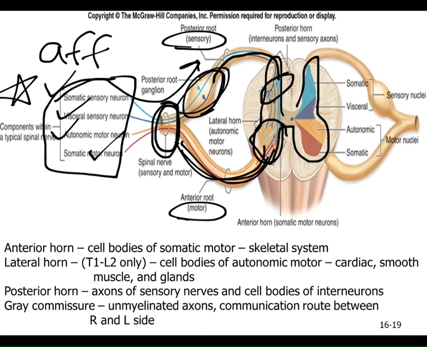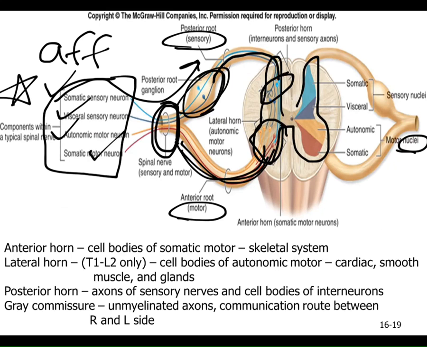What's another word for a cluster of gray matter inside the central nervous system? A cluster of gray matter in the peripheral nervous system was a ganglion, right? A cluster of cell bodies, gray matter. A cluster of cell bodies, gray matter within the central nervous system is called a nucleus, right?